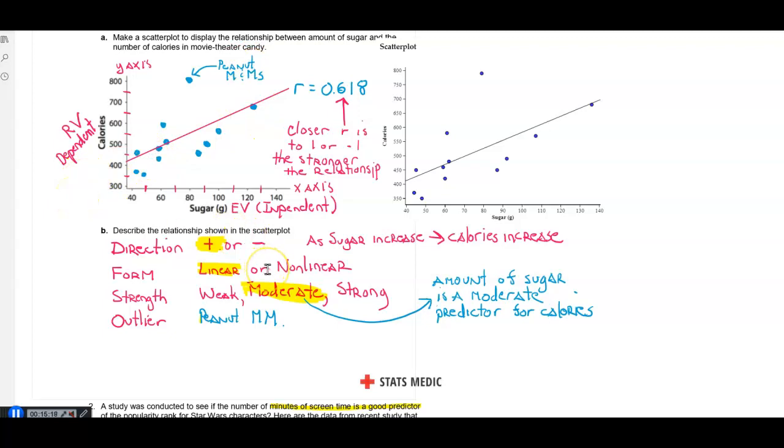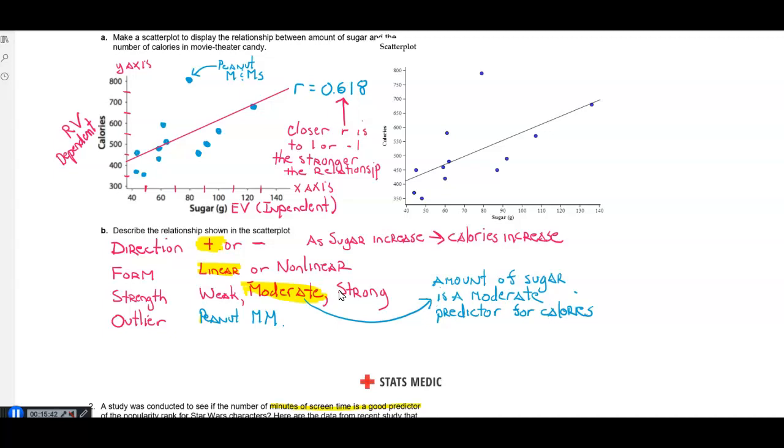Okay, now, we briefly talked about this idea that if something's got a strong or a moderate connection, we say that it has a relationship or an association. That doesn't necessarily mean it causes the other variable.